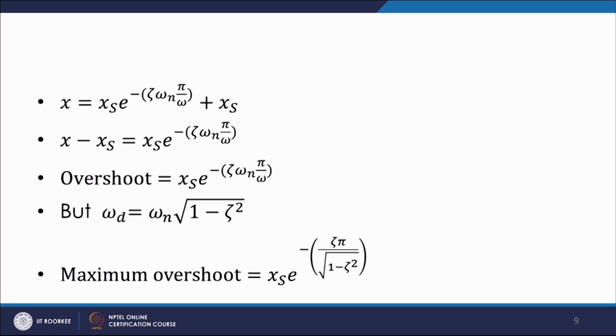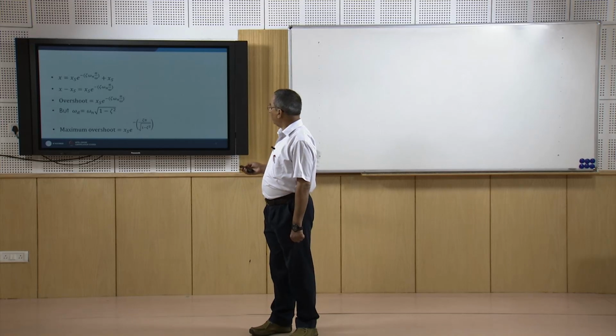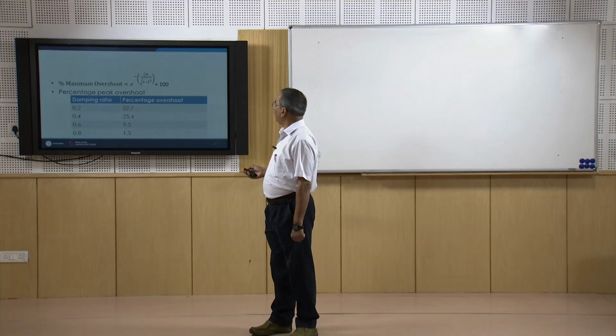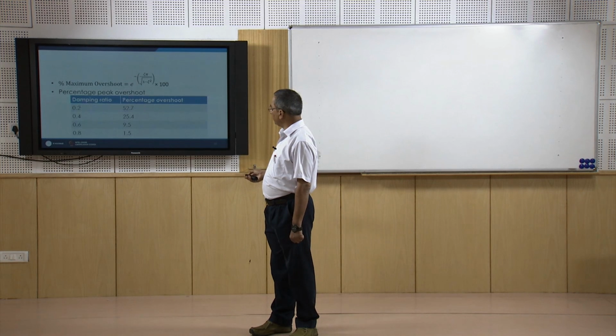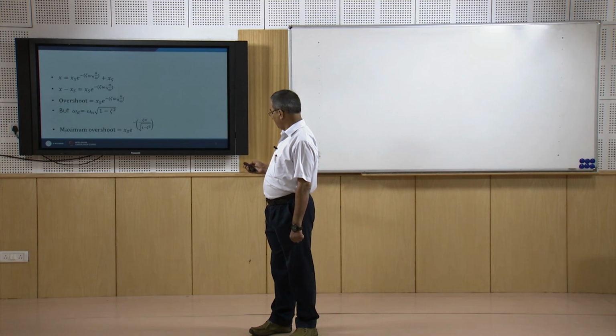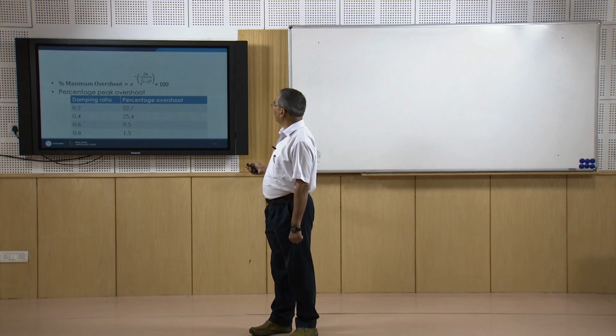This is the maximum overshoot. I can find the maximum percentage overshoot just by dividing this by xs, and this is in terms of the damping ratio.